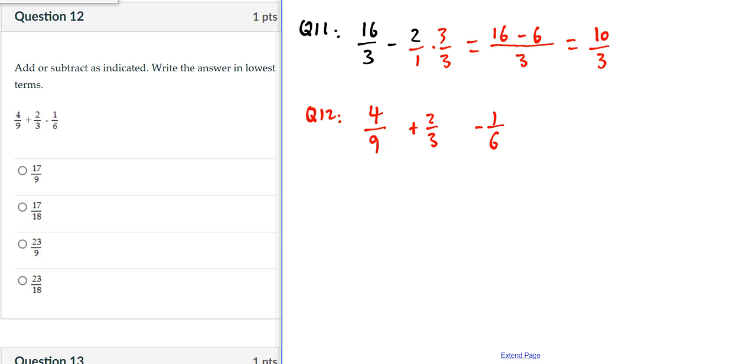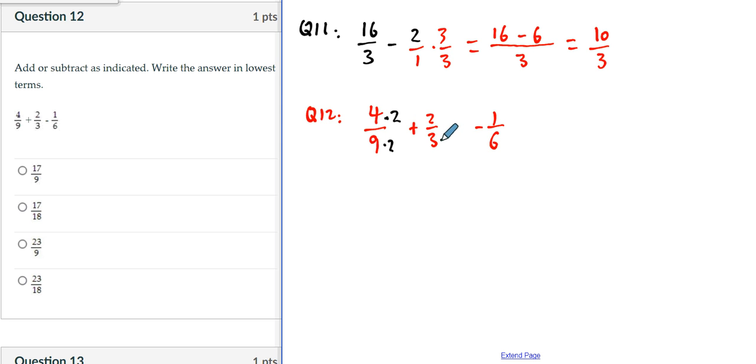In this case, we see 18 works, because if here times 2, we get 18. Then do not forget upstairs is 2 multiplied by 2.